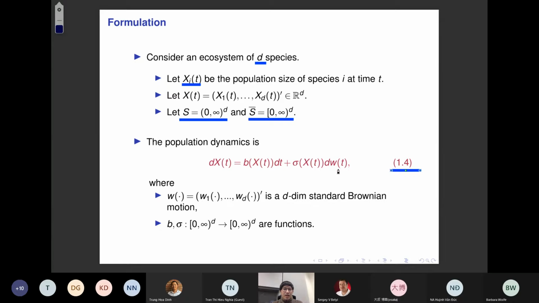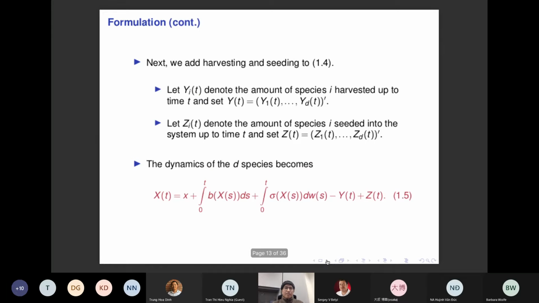Now we introduce the control and our objective. So we have Y_t as one control and Z_t as another one. Y is the harvesting component and Z is the seeding component.